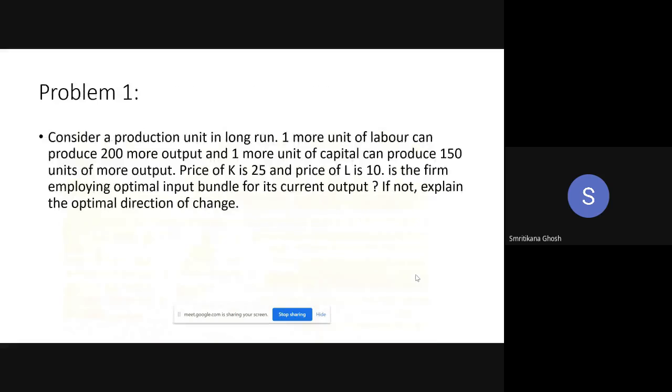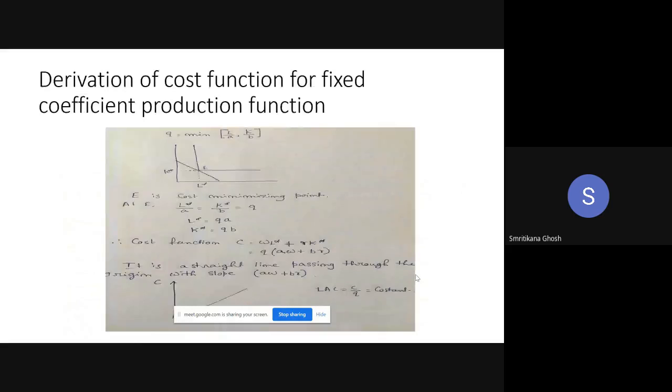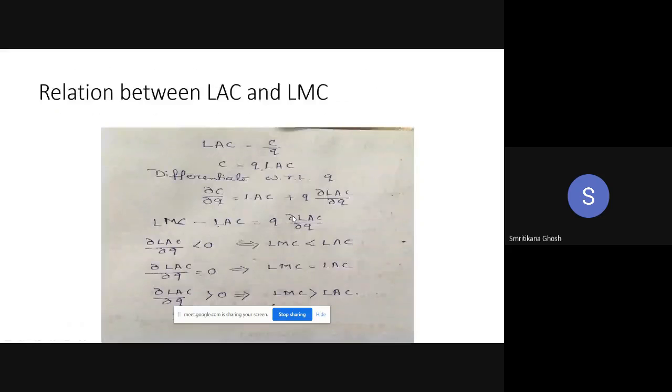And I have discussed some problems as well. If it is a fixed coefficient production function, then what will be the shape of the total cost curve? This is actually the isoquant and the iso cost. So you have your K star and L star. If you put those, then you will get your cost function.